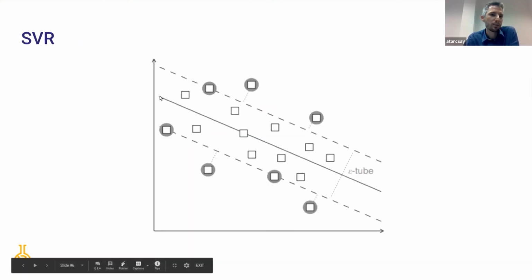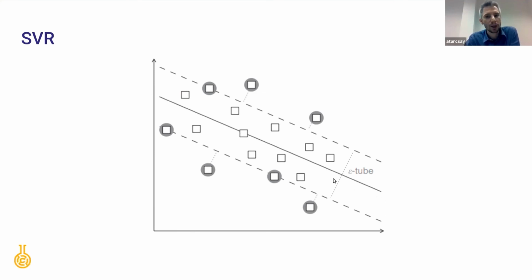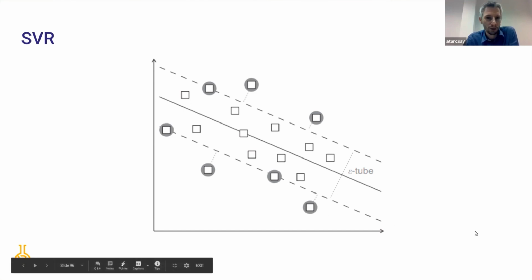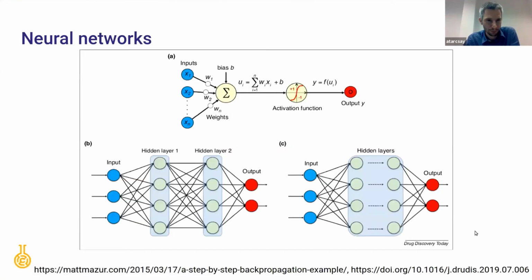The very same can be done in the case of support vector regression, where we are fitting a hyperplane, but in this case the error margin should include the observations, and we can leave out some of the observations from the system, and that's the hyperparameter of support vector machines.